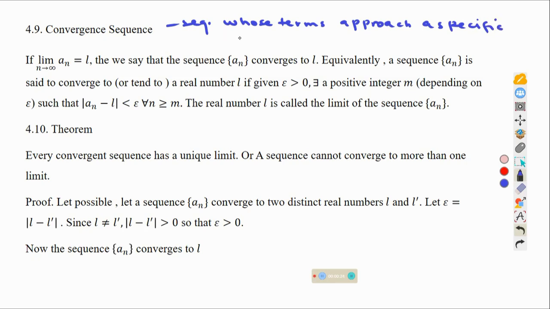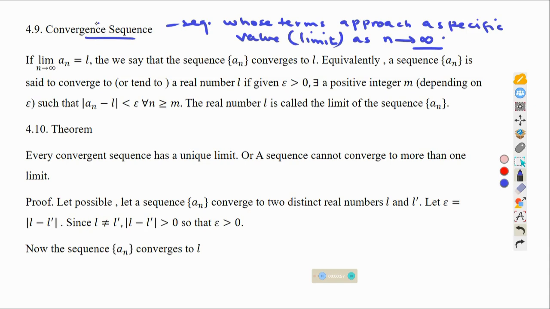If you recall, we called this value a limit, as the number of terms keeps on increasing. So if you have such a sequence whose terms approach a specific value, or approach the limit, as the number of terms are increasing, then we shall be saying that such a sequence is a convergent sequence.